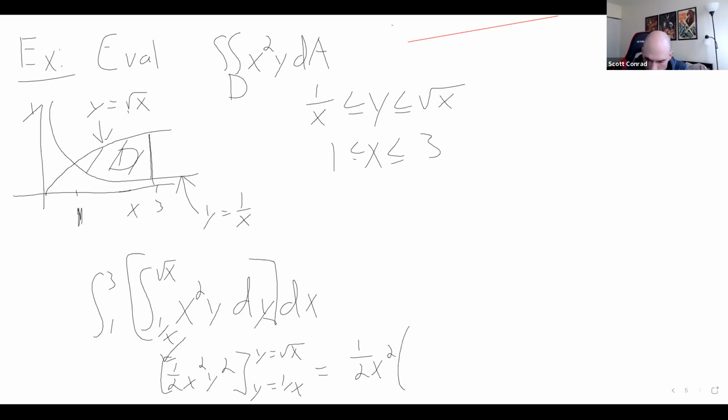And then y squared, plugging in root x, we get root x squared, which is x, minus 1 over x quantity squared, which is 1 over x squared. And we can multiply through and simplify this. So we get 1/2 x cubed minus 1/2 x squared times 1 over x squared, which is just 1/2.